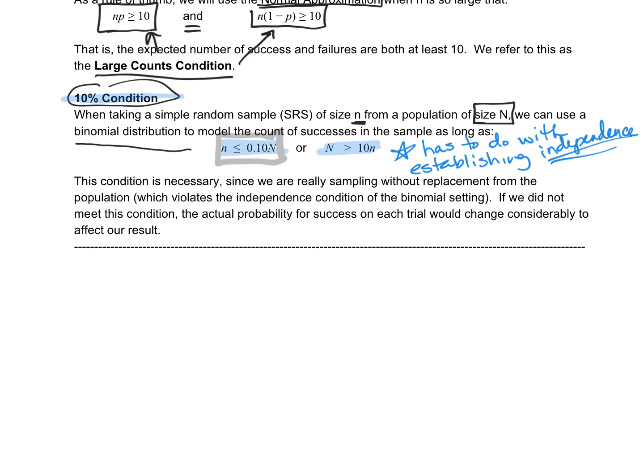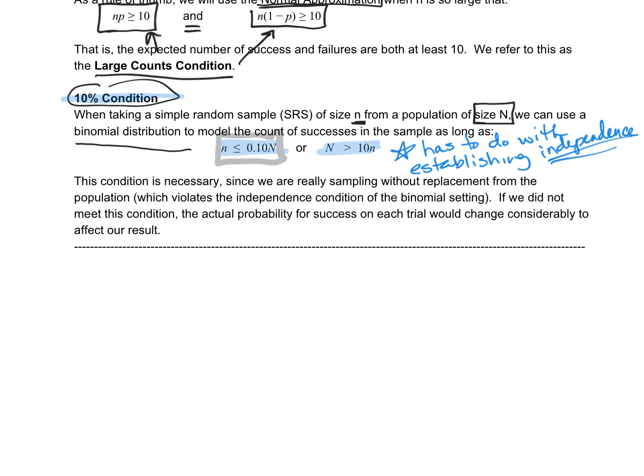If I pull one card out and then I pull a second card out, is the probability of pulling the second card going to change much from the first card? 1 out of 52, then 1 out of 51. That's pretty normal, isn't it? But 10% of 52 cards is 5 cards. Once I pull 6 cards out, now the probability is a lot different, 1 out of 52 is no longer 1 out of 52.